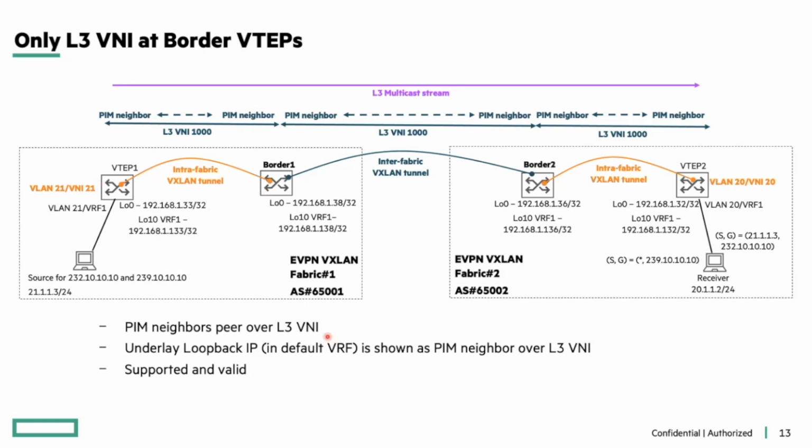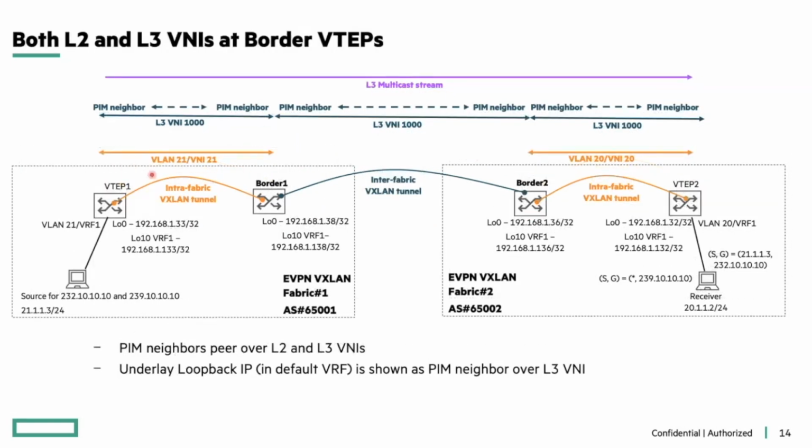They appear over the layer 3 VNI. Take note, the underlay loopback IP in the default VRF is shown as a PIM neighbor over this L3 VNI. So if you do a show ip pim neighbor, you actually see the 33 IP as a neighbor over the layer 3 VNI. If you only have the layer 3 VNI at the border, you do not want to span the L2 SVI or the L2 VNI over to the border, that's supported, right? No problem. Because we only want to do L3 between the fabrics.